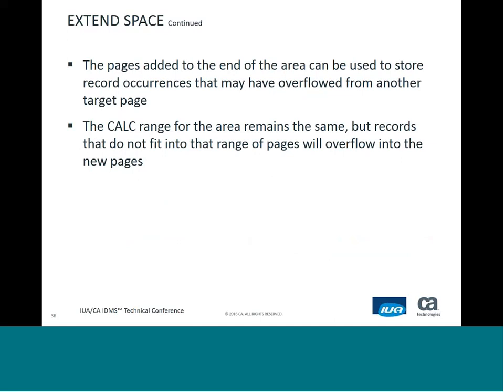So as I point out, the pages added to the end of the area are used to store record occurrences that are overflowed from a target page range. When we're going to store a record, IDMS determines a target page. A calc record is going to be placed based on hashing the calc key of the record, and one of the factors in the hashing algorithm is the number of pages in the area. So when you do an extend space, we do not change the number of pages for the purposes of calc key hashing.